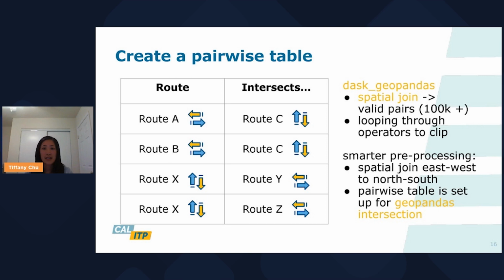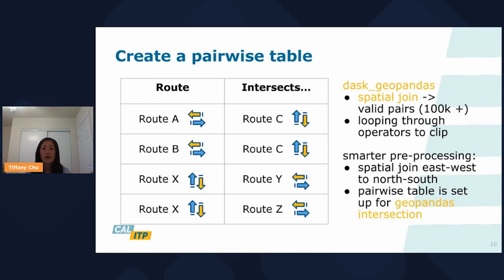So Dask GeoPandas, which does not have overlay, but does have clipping and spatial join. So we use the idea of spatial join with Dask, which is we ask, do these 2 routes intersect? Yes or no? It doesn't tell us the area of intersection. That's not what a spatial join does, but it tells you yes or no, they intersect or not.